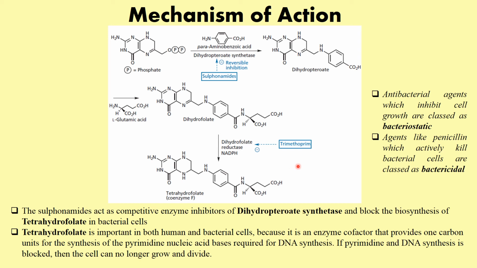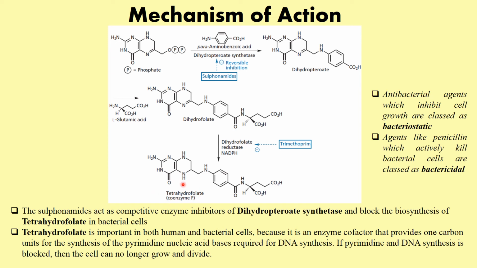But by simply looking at this particular slide, there are a few questions that you must be thinking about. Let's look at those questions. Before that, let me reiterate a few points. The important thing you must understand is that tetrahydrofolate is a coenzyme that provides one carbon for the synthesis of pyrimidine nucleic acid base, which is required for DNA synthesis.